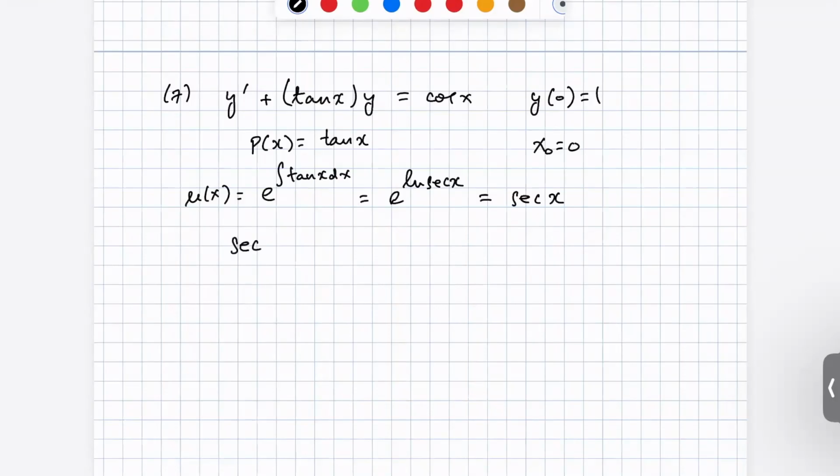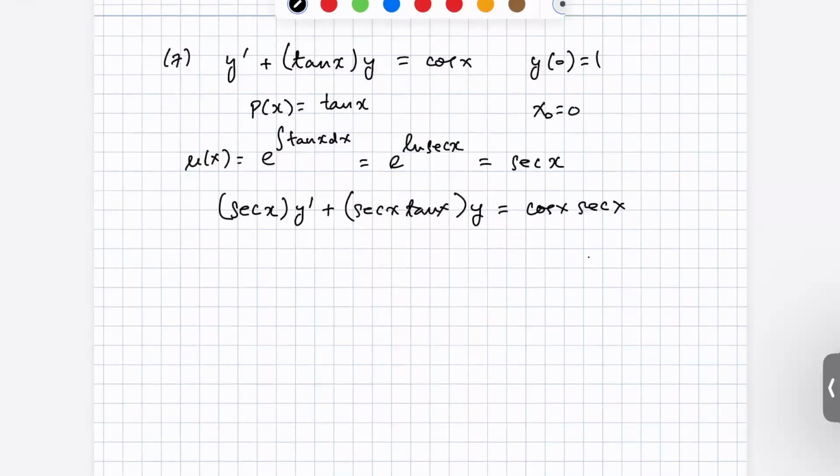Let's multiply through by secant of x. So I get secant of x times y prime, secant of x tangent of x times y equals cosine of x times secant of x. Now this guy is just 1. And notice here, very nice, this is f prime.